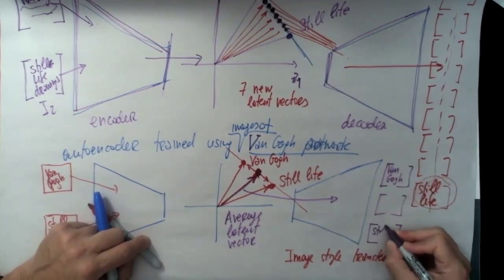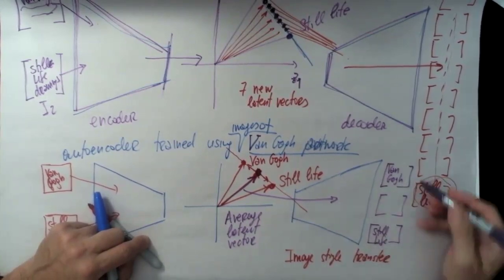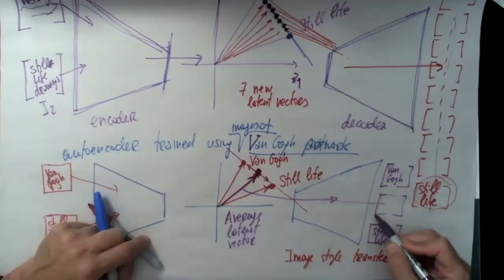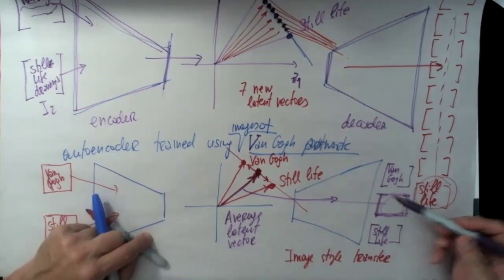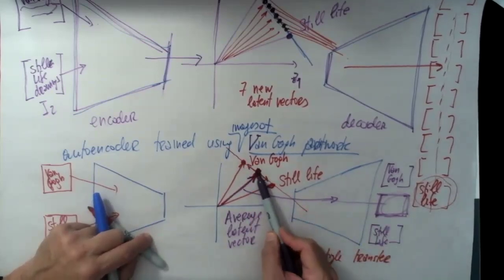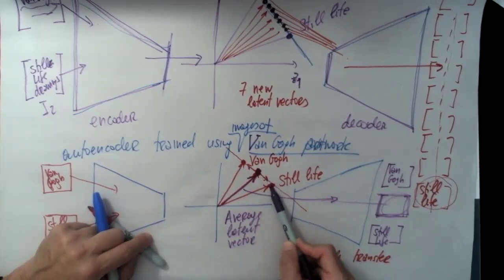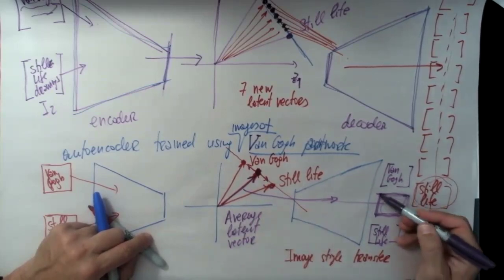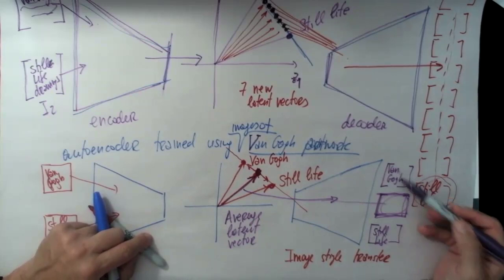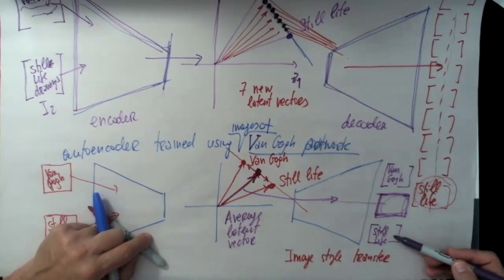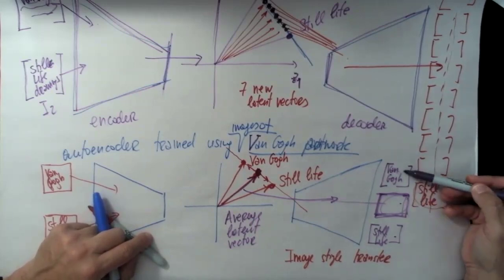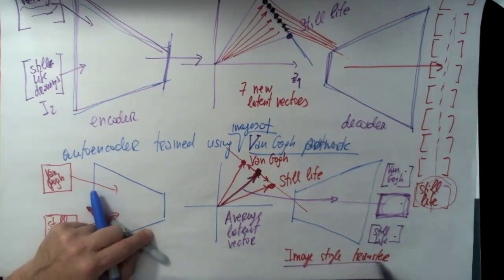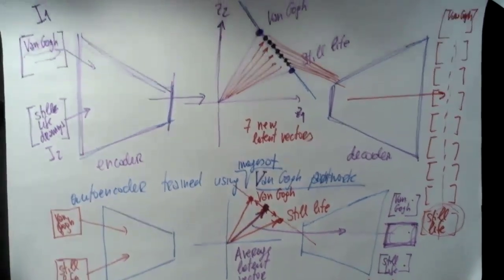This is the still life. And here we have the new generated image, which, depending upon how you choose this point, closer to Van Gogh or closer to the still life, is going to show, for example, a Van Gogh painting in charcoal style, or a charcoal still life in painting style. So basically, that's the main idea. Okay.